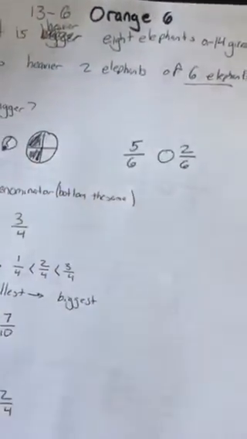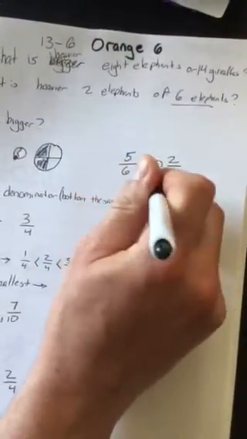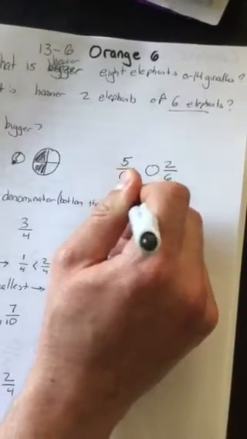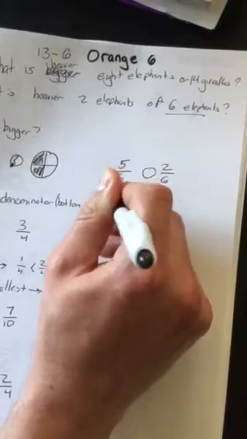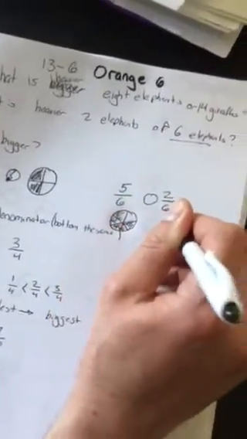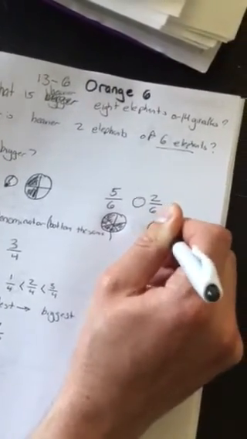And if we look over at this one, we have 2 different pizzas, and they're both cut into sixths. So we could draw it, and 6 is hard for me to draw, so we'll pretend that this is a good drawing. And this one has 5, 1, 2, 3, 4, 5. And this one only has 2.